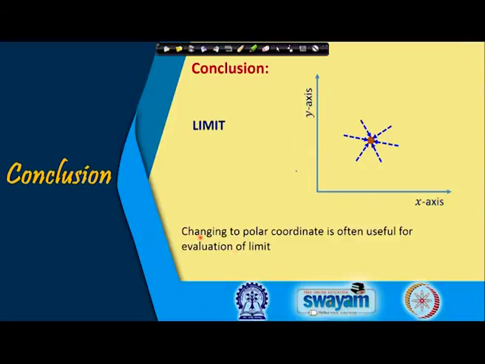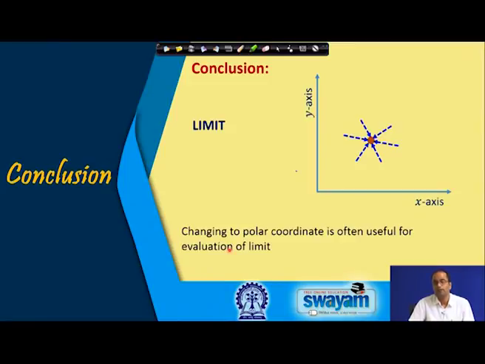So, again, we will see more in the next lecture that changing to polar coordinates is helpful for evaluating the limit, but we have to be very careful that while taking the limit as r goes to 0, it should not depend on the angle theta.